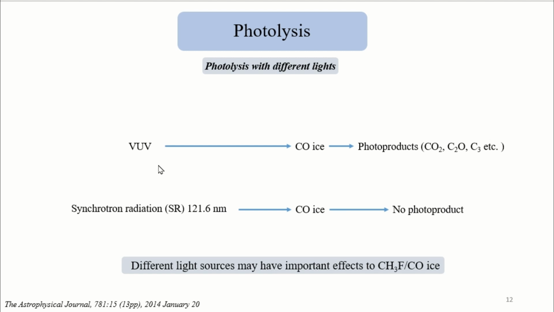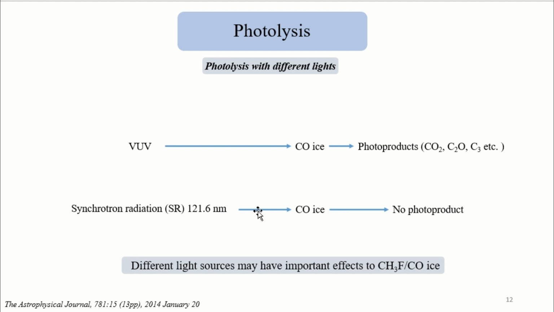It's a common tool in astrochemistry labs. After photolysis of CO ice, there is some photoproduct formation. But the second light source is synchrotron radiation at 121.6 nanometer.